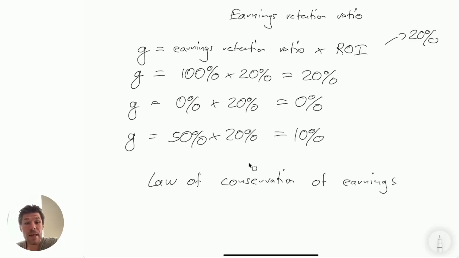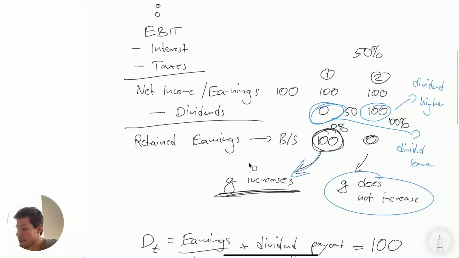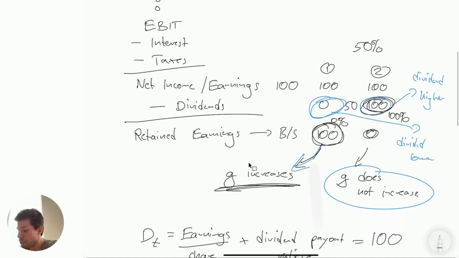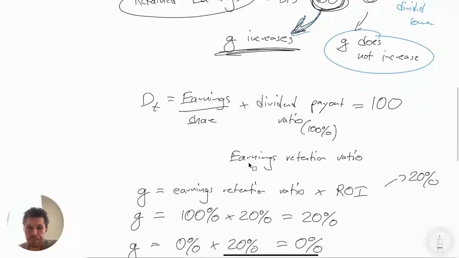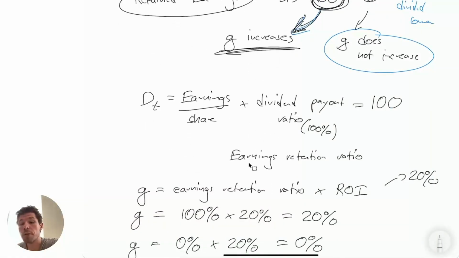What you can do is either increase the next dividend, D1, by increasing earnings or by increasing the dividend payout ratio, or you can increase future dividends by increasing the growth rate, by retaining more, or for both if you increase your earnings. And as a conclusion, a firm cannot simultaneously increase both its dividend payout and its earnings retention.